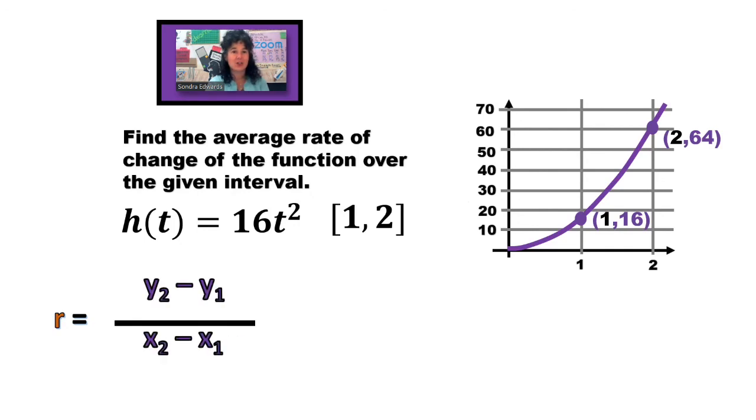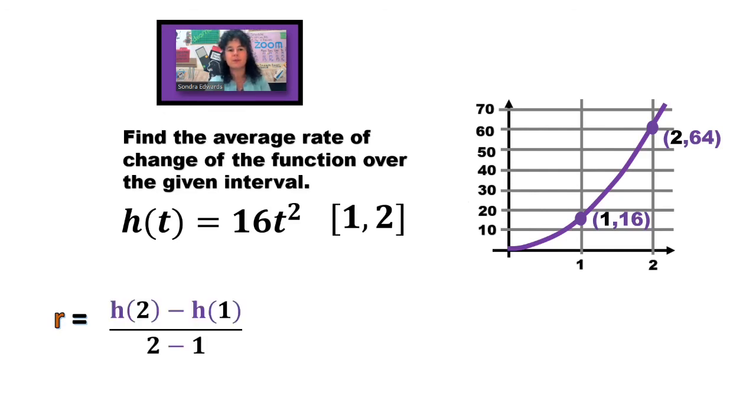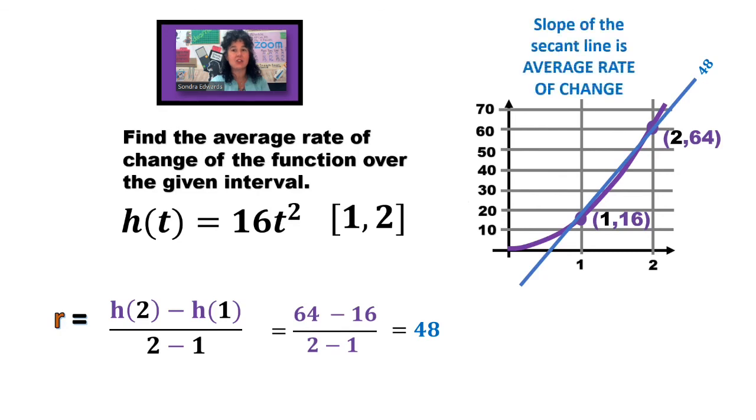Let's use some really good notation and say h of 2 minus h of 1 over 2 minus 1, which equals 48. So we just found the slope of the secant line to be 48, which is the average rate of change.